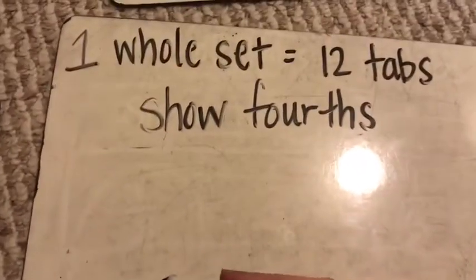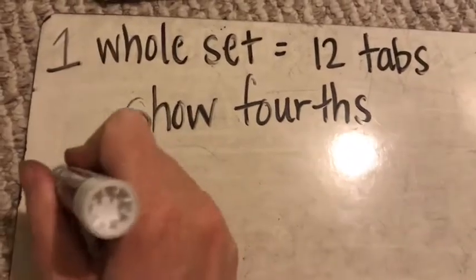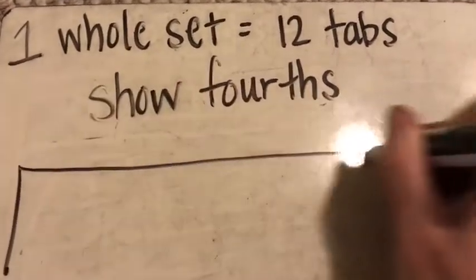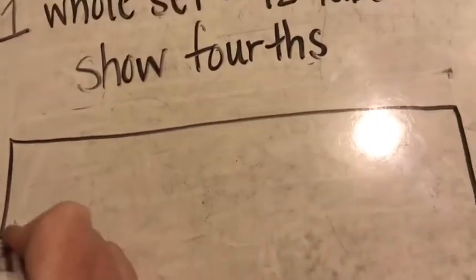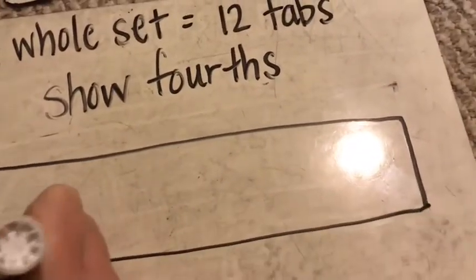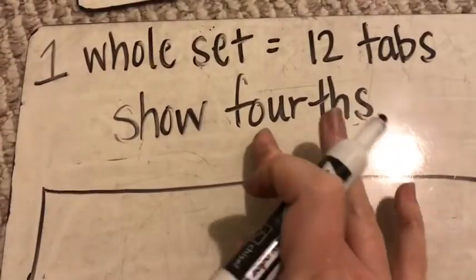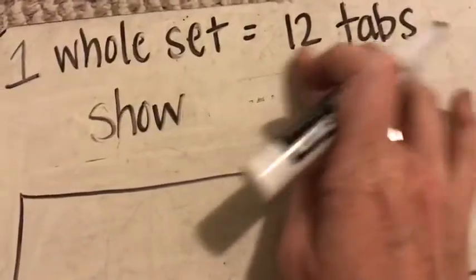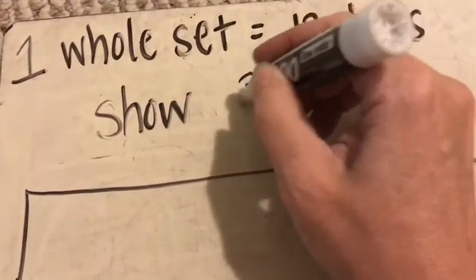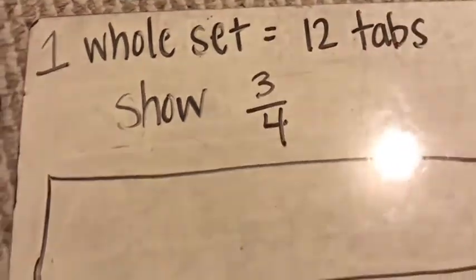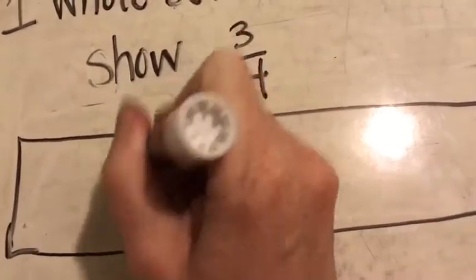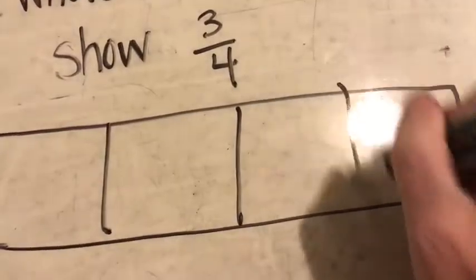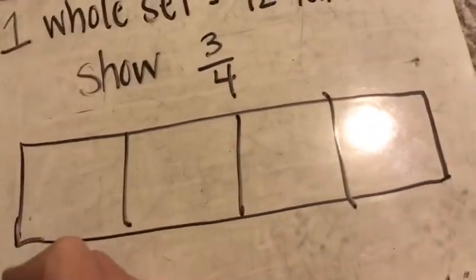So let's say I'm going to group that set, my one whole set of tabs, into fourths. I have to know what does fourths mean, right? Or maybe I don't tell them show fourths. Maybe this time I want to give them a challenge since they've been practicing. Maybe I want to say, show me 3/4. So if I'm doing 3/4, first I need to make sure that I'm dividing up my whole set.